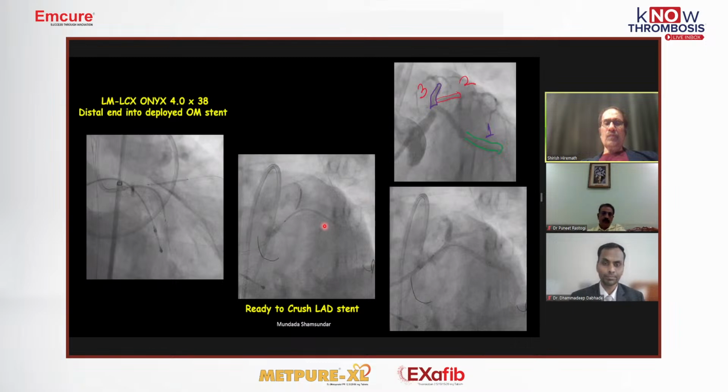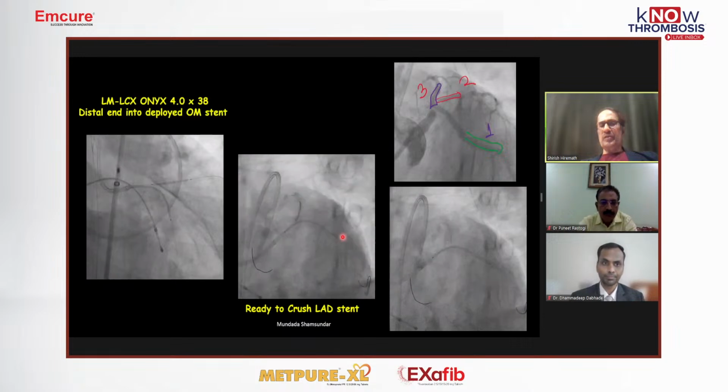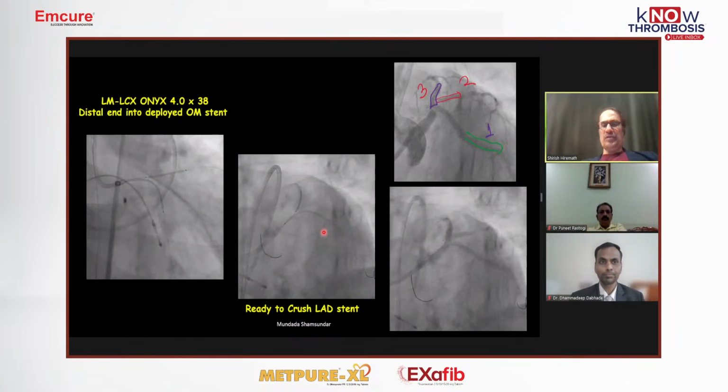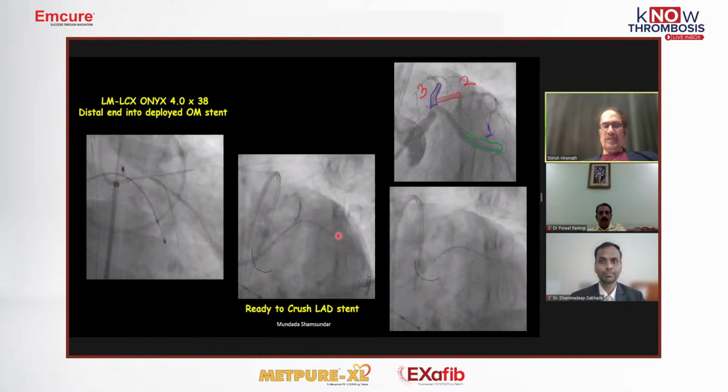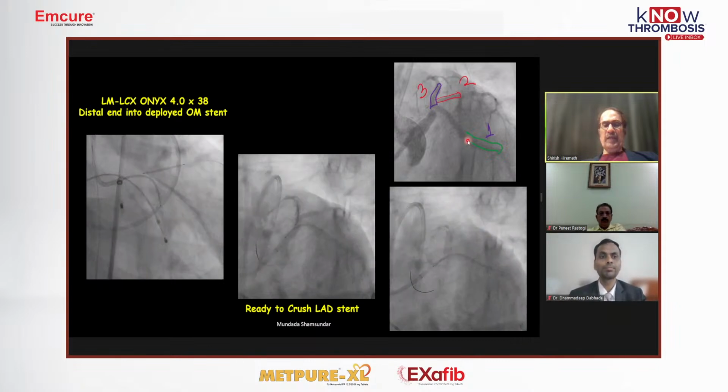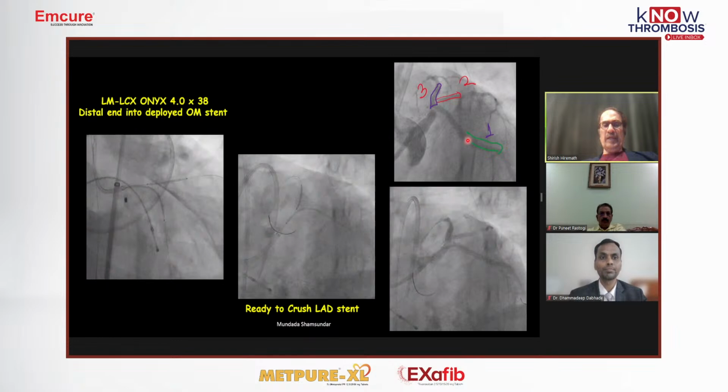We had no difficulty or no worries for that matter about dissecting the circumflex. This was a 4 into 38 stent towards the circumflex from left main. So this is the technique we used. The mid circumflex stent was number 1.